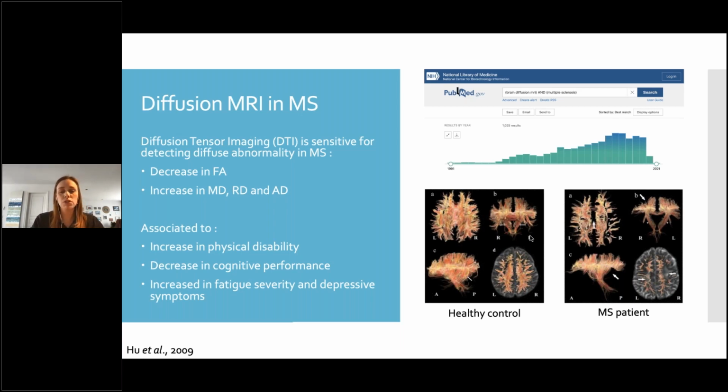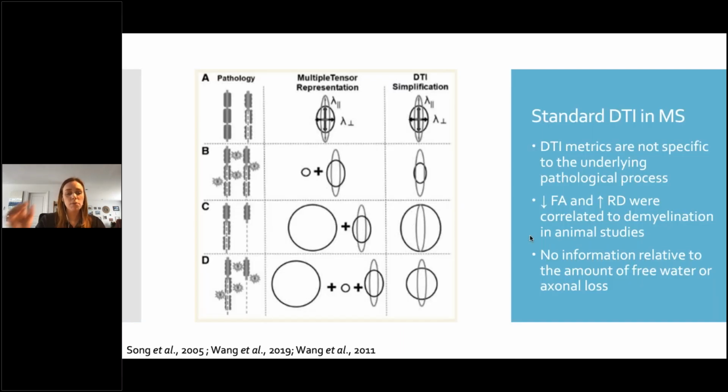Globally, the cerebral tissue will show a decrease in FA and an increase in MD, RD, and AD when compared to healthy controls. These changes were associated with increased physical disability, decrease in cognitive performance, and an increase in fatigue severity and depressive symptoms. The problem is that standard DTI metrics also lack specificity for the different pathological processes occurring in MS.